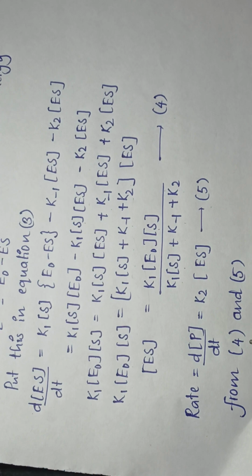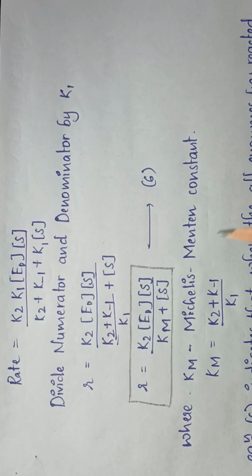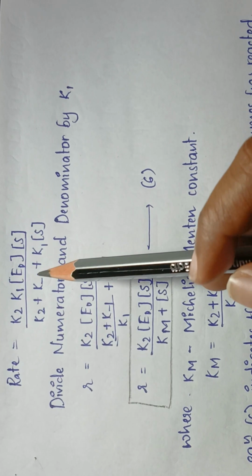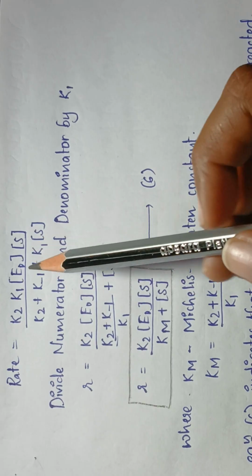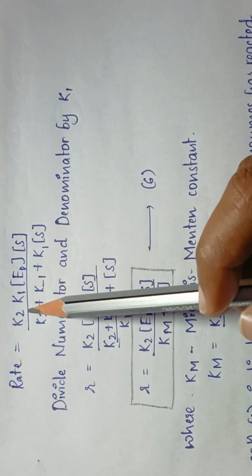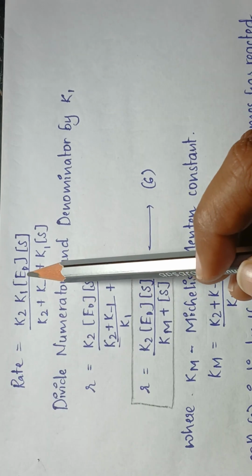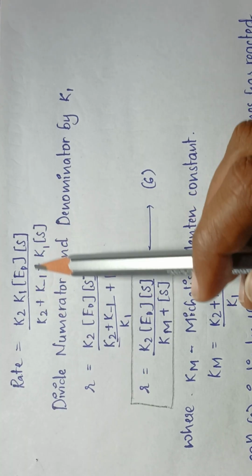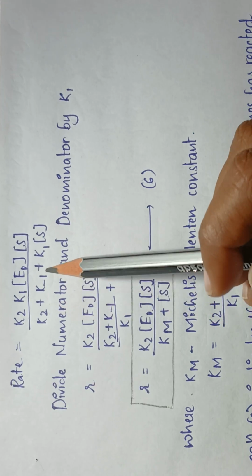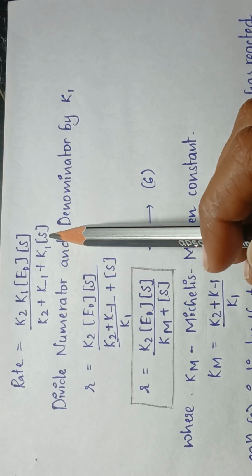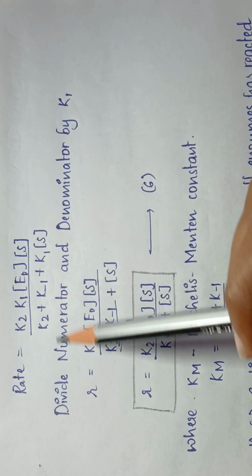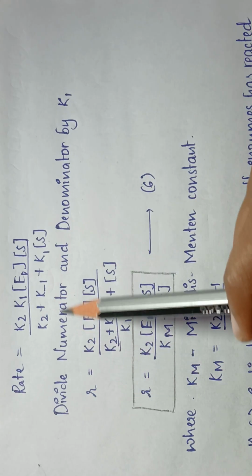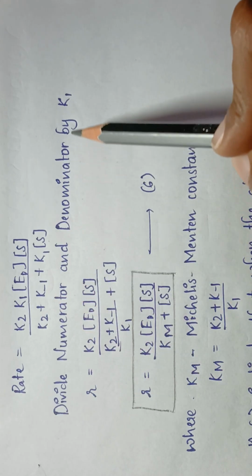From equations 4 and 5, in equation 5 we put the value of [ES], so k2 times k1[E0][S] divided by k2 plus k-1 plus k1[S]. We divide numerator and denominator by k1.